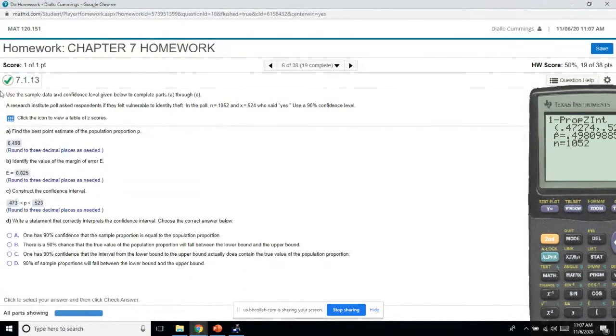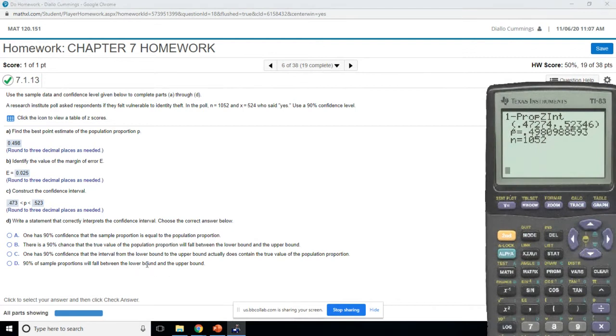So if we take a look at our answer choices, one has 90% confidence that the interval from the lower bound to the upper bound, which would be the 0.473 to the 0.523, actually does contain the true value of the population proportion.